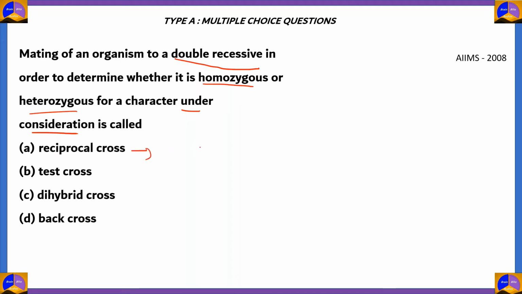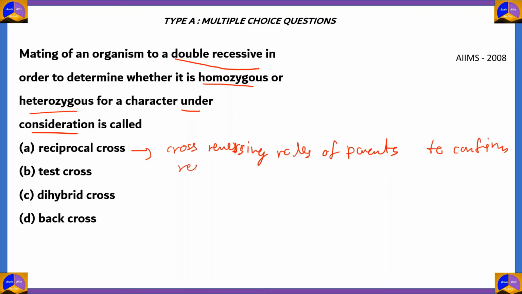A reciprocal cross is a cross reversing the roles of parents to confirm the results of earlier cross.